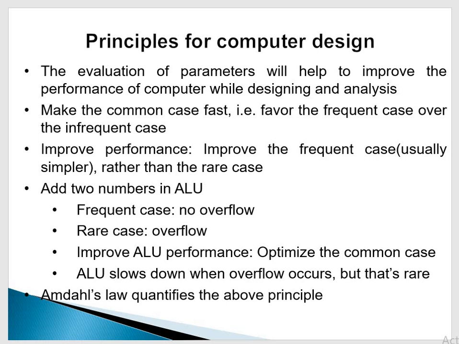Then the overflow flag will be set, indicating that the sign has changed. We were expecting a positive result, but we are getting a negative number. So now why are we calling the overflow flag being set a rare case?